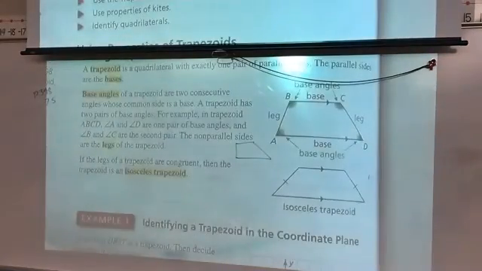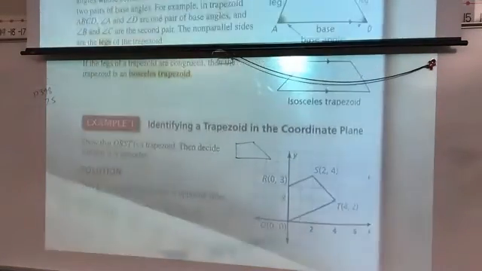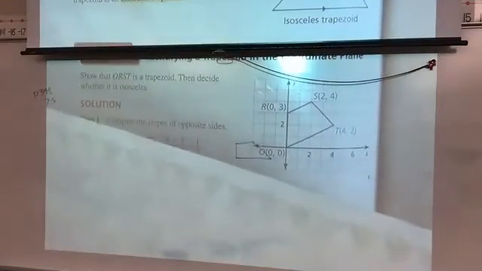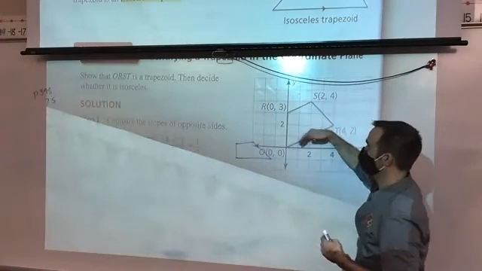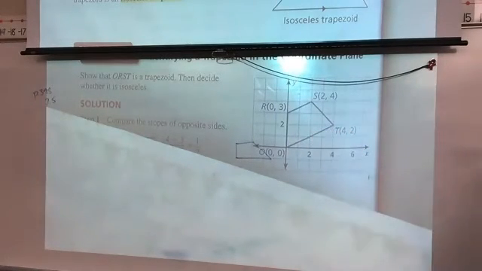So you might see this type of problem that's saying, show that this is a trapezoid. How can we prove that something is a trapezoid here? Luke? You find the slope of RS and TO. Yeah, you find those slopes. If they're the same, they're parallel, so it's a trapezoid. Okay? And then it says decide whether it's isosceles or not. That's the distance formula.